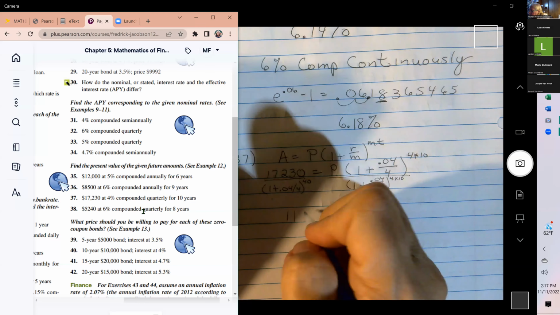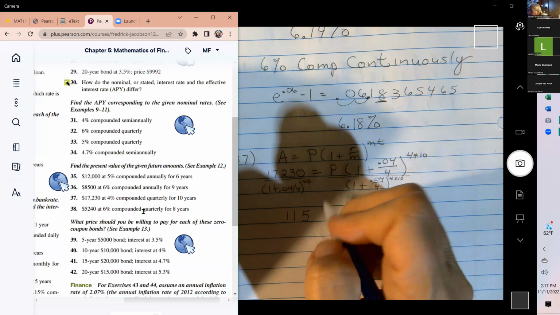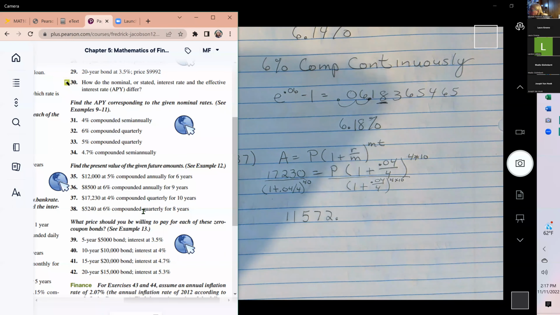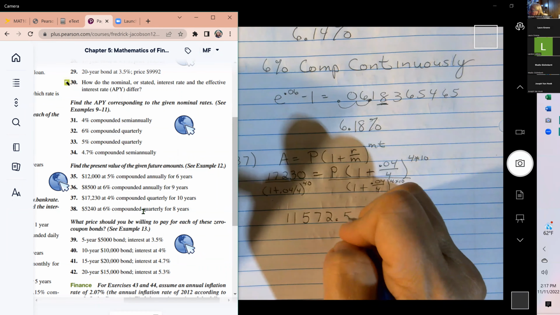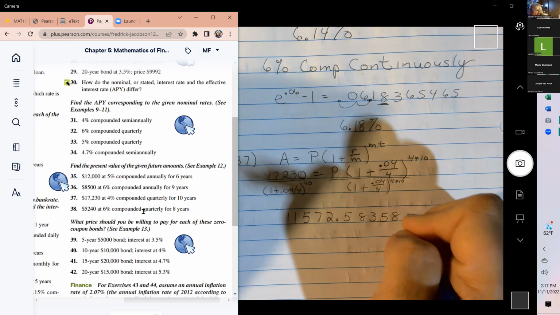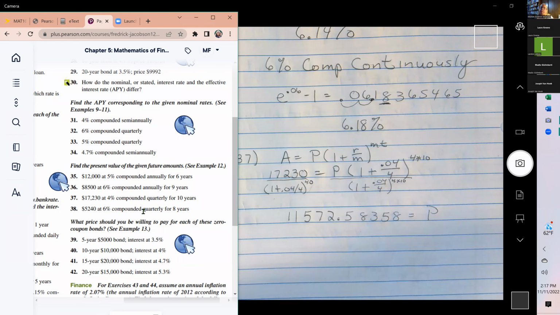Whenever you're talking about money, round to the nearest penny. Now, some of these problems will say round to the nearest penny, and others will say round as appropriate.